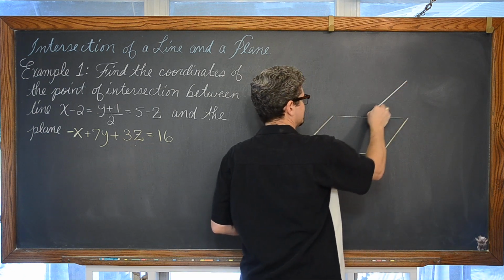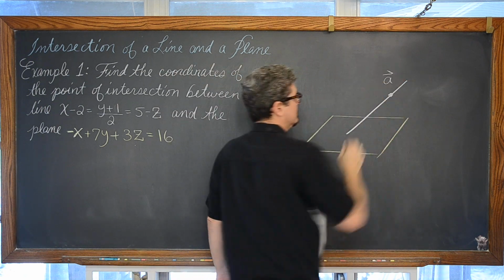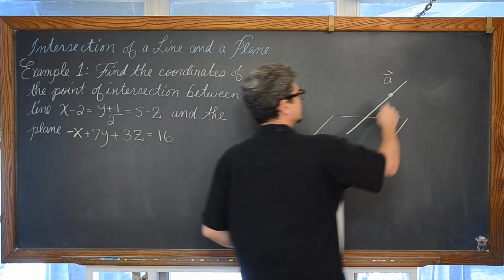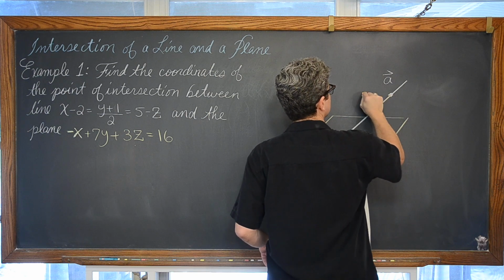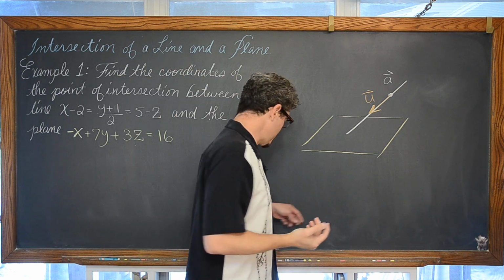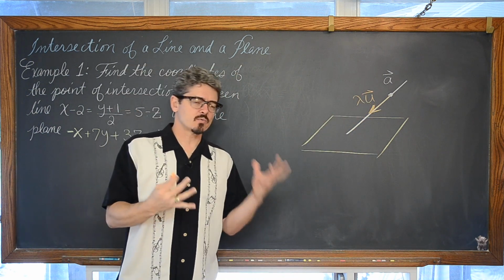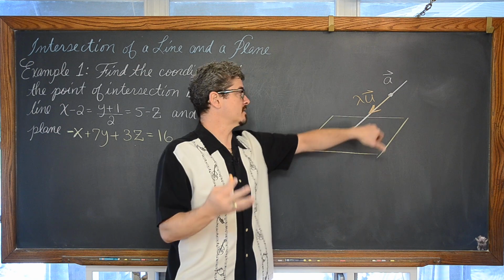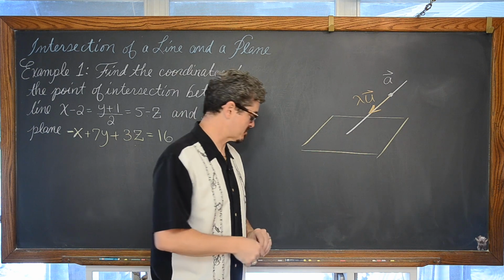And this line, if we can identify a known point on this line with the position vector A, and remember that we have one directional vector, vector u, for our line, if we can start from that known point and go in the direction of vector u with some scalar multiple, all we have to find is what scalar multiple we need to apply to our directional vector to put the terminal point of that directional vector on the plane. That's going to give us our intersection point, and that's how we're going to attack this problem.